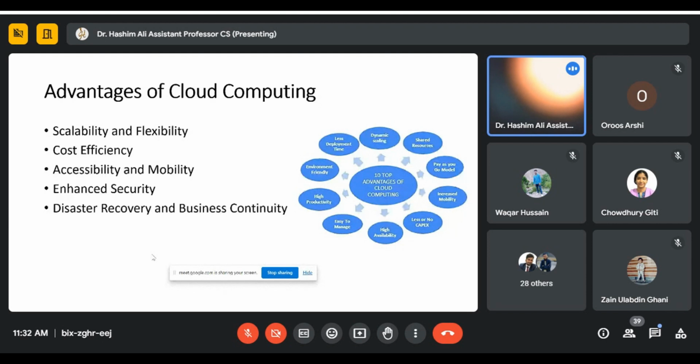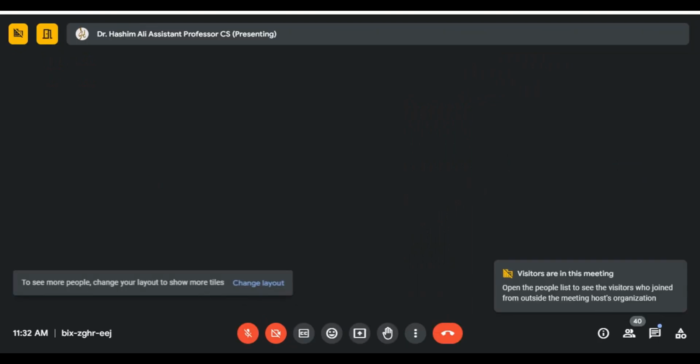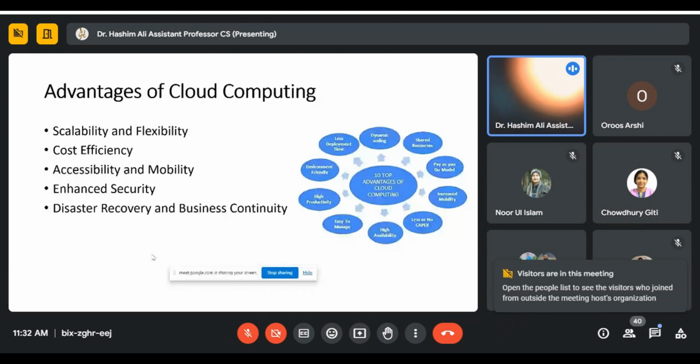Then we talk about cost efficiency, because this is an infrastructure-less service received by the end user. We said that there is a lot of cost saving in using the cloud computing scenario. It eliminates significant investments, particularly in hardware infrastructure, licensing issues in software, or other maintenance costs associated with the on-premises IT environment.